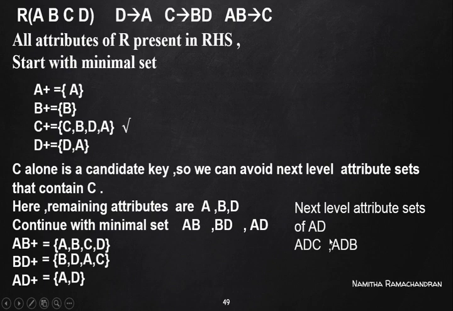Again, in ADB, it is clear that the subset BD is a minimal key, a candidate key; it can derive all the attributes of the relation. So while removing A from here, the subset BD can derive all the attributes of the given relation uniquely. So ADB is not a candidate key, but it is a super key. So these two are super keys but not candidate keys.